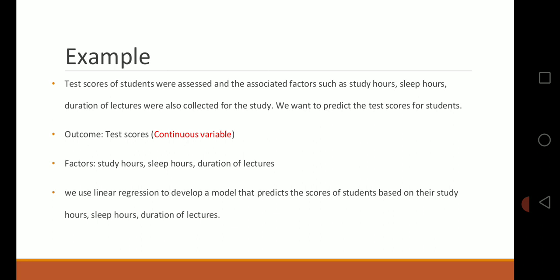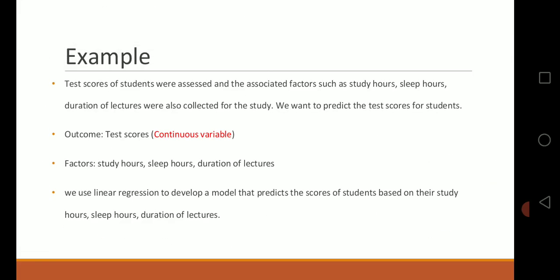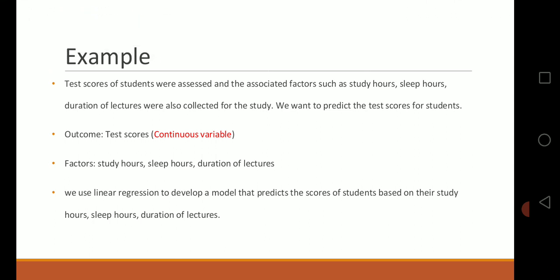So the first step, we come to see the outcome variable. Okay, we go back to our case or our study. It says the test scores were assessed based on these factors. Okay, so then this means that the outcome variable is the test score.